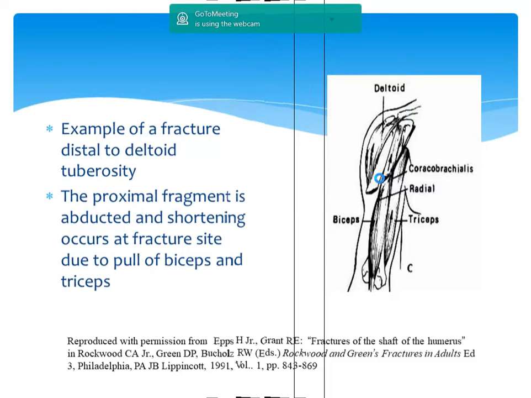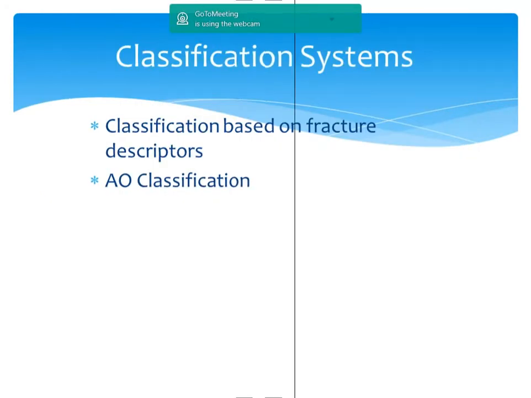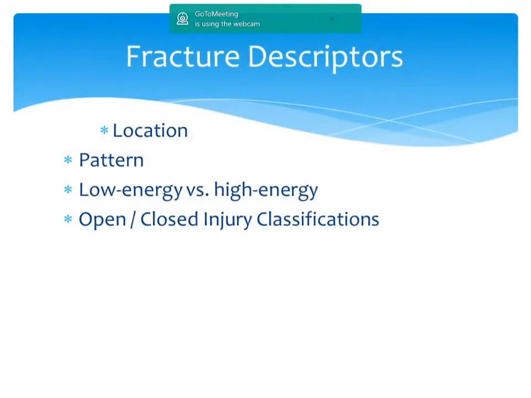Classification is mainly based on the AO classification, and the fracture descriptors. How do you describe the fracture? Based on location, whether lower one third, upper one third or middle one third, pattern and impact, whether it is a low energy fracture or high energy fracture, and also whether it is a closed fracture or open fracture.